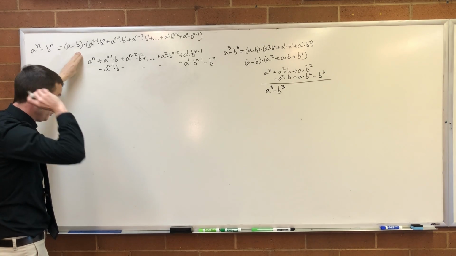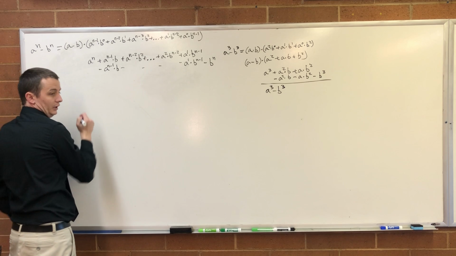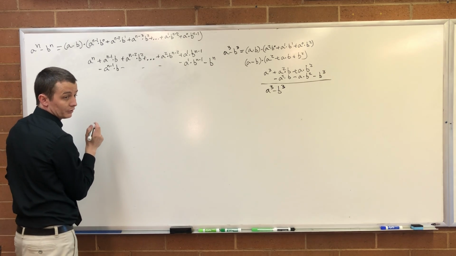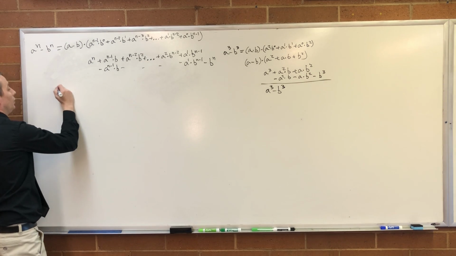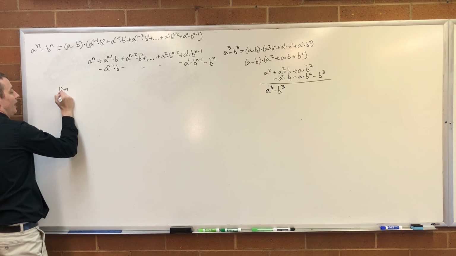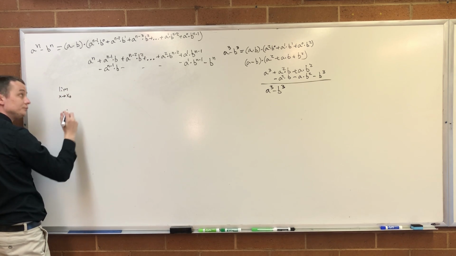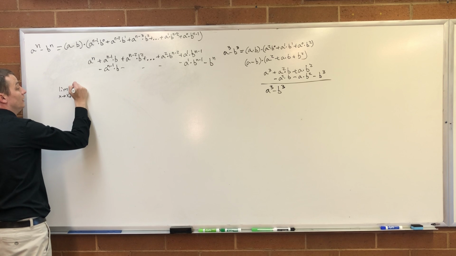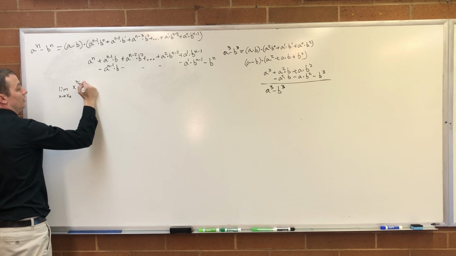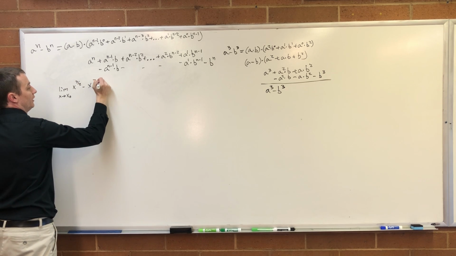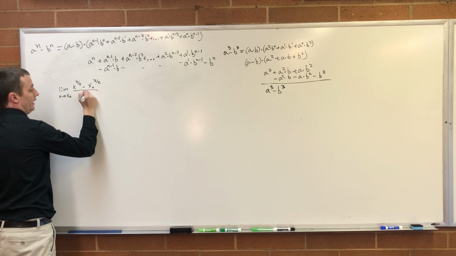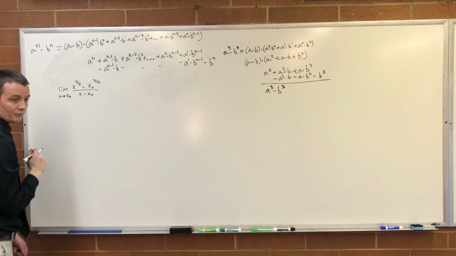So going back to the problem you were doing, x to the 3/2. We were trying to figure out the limit as x approaches x naught of x to the 3/2 minus x naught to the 3/2 all over x minus x naught, right?